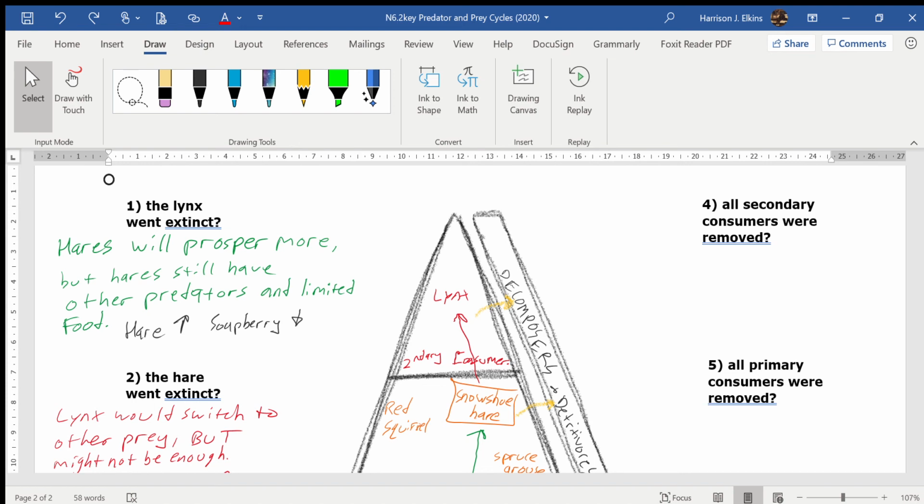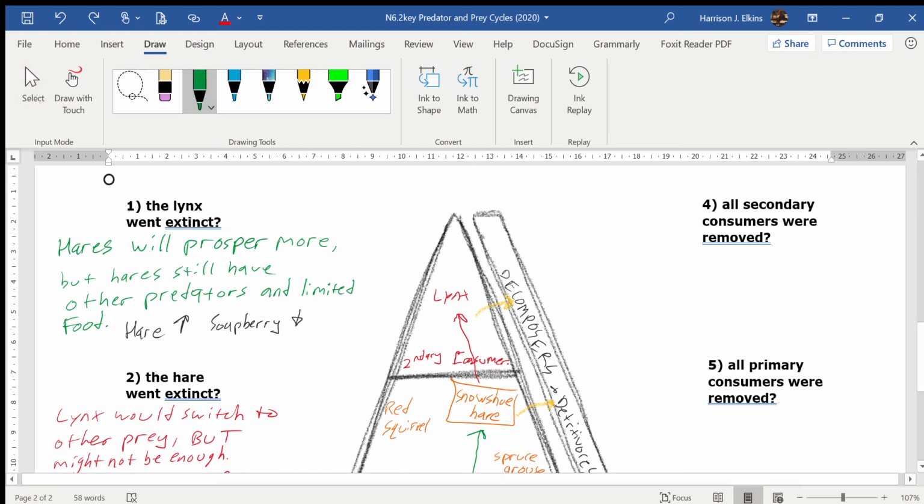What would happen? Well, if we removed all predators, think about the hares, okay? The hares would have 0 predators, so they'd have nothing keeping them at bay, except for food. So the hare population would really explode.